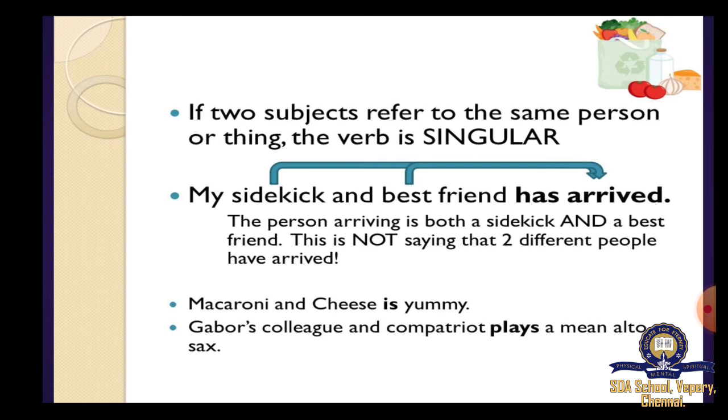So here, plays. Do you remember, students? When the subject is in the singular form, the verb adds an S to it. That's why here the verb play has an S. So the verb is in the singular form when the subject refers to the same person or thing.